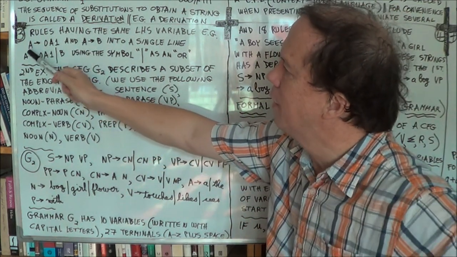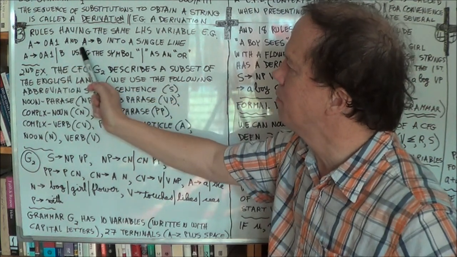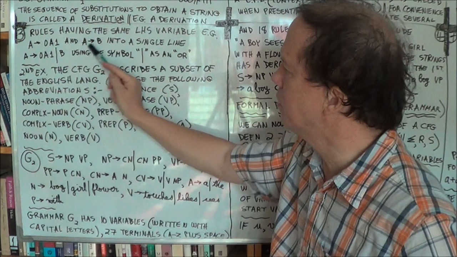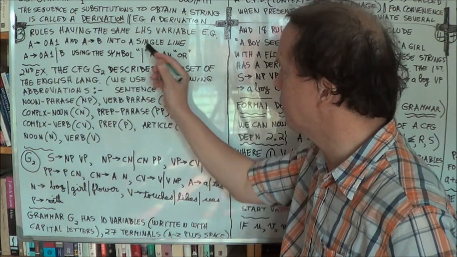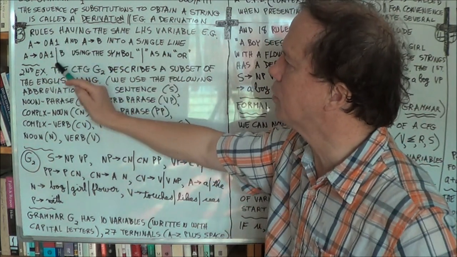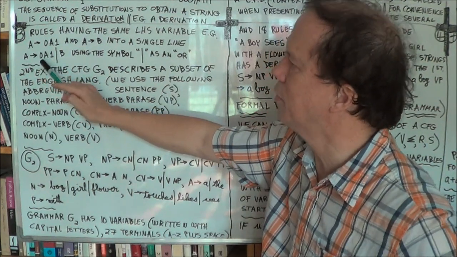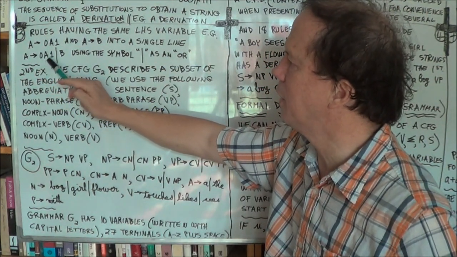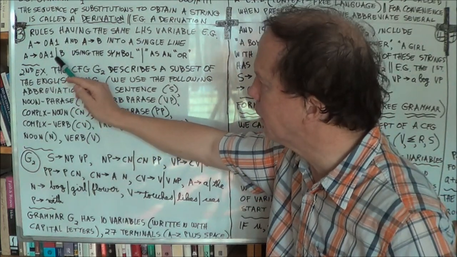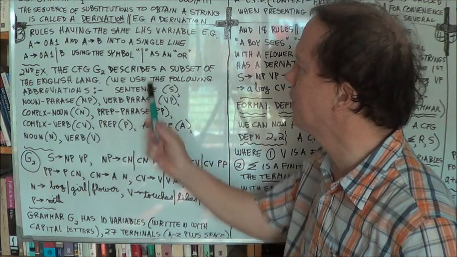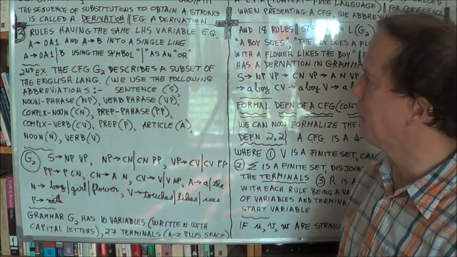They have the same variable on the left-hand side, both A. So we can rewrite these two rules in one line, using the vertical bar. A gets substituted by 0A1, or, that's the vertical bar, A gets substituted by B. So see the vertical bar as "or".